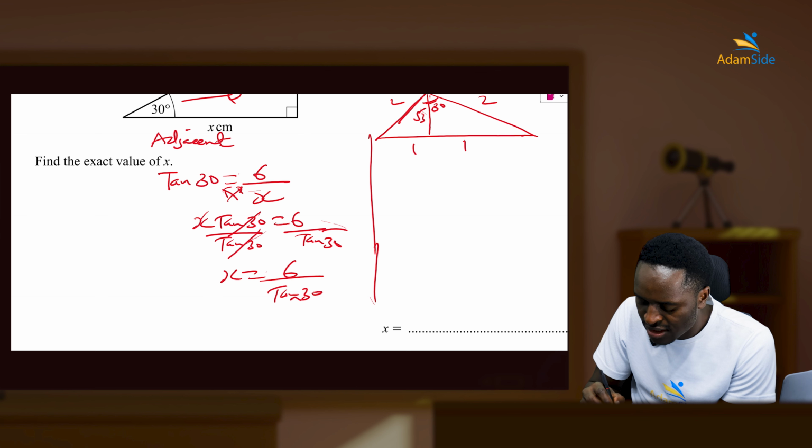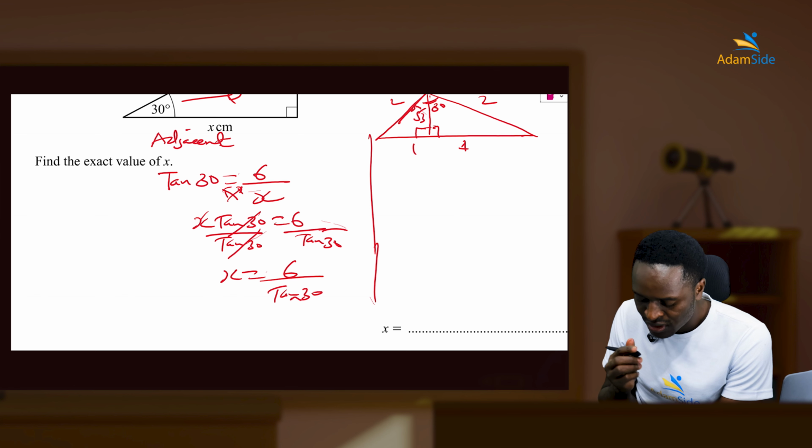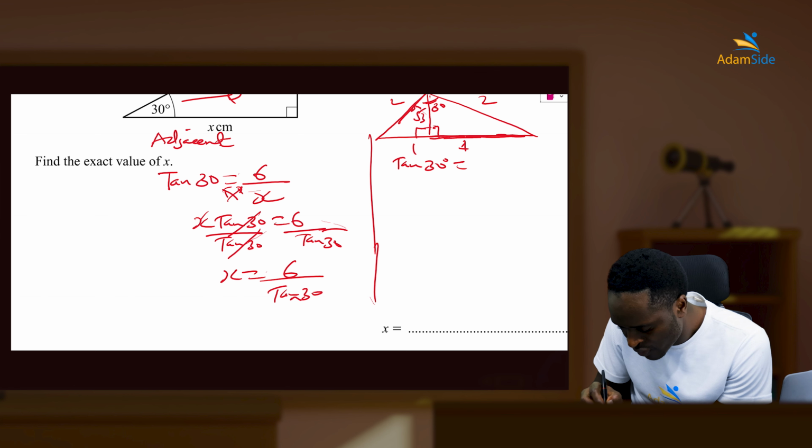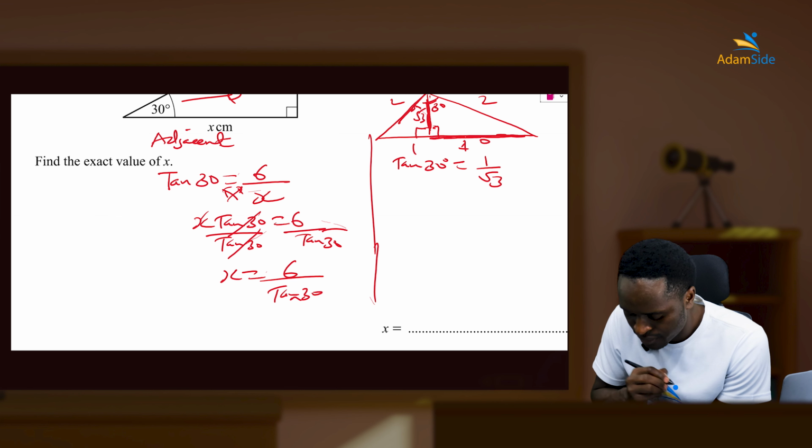If this is 30, this is 30, and then this is 1. Tan 30 is the same as what? Remember, tan is opposite over adjacent. Tan 30 is the same as 1 over root 3.